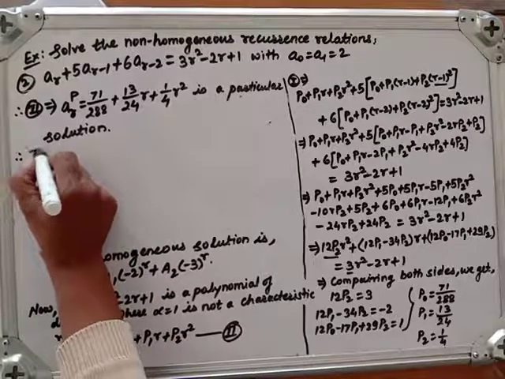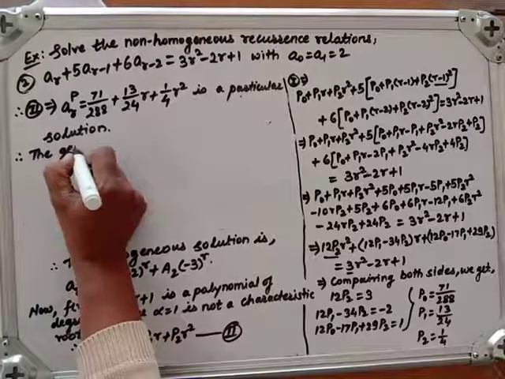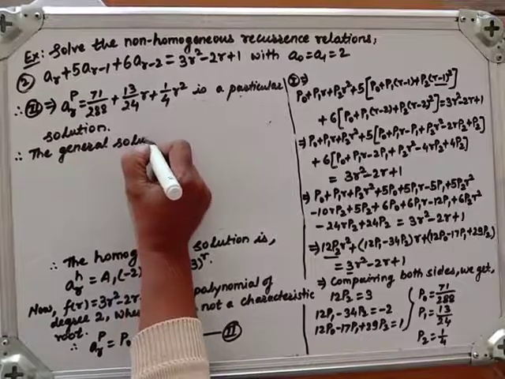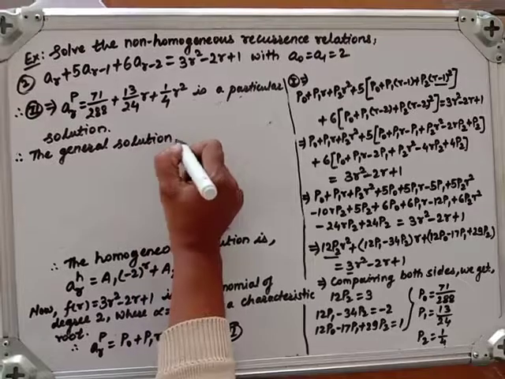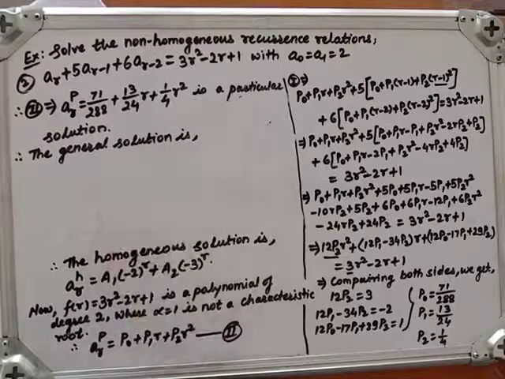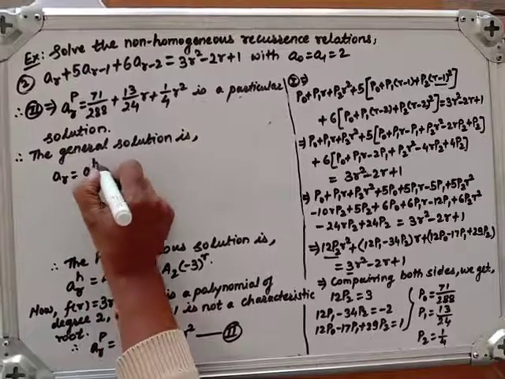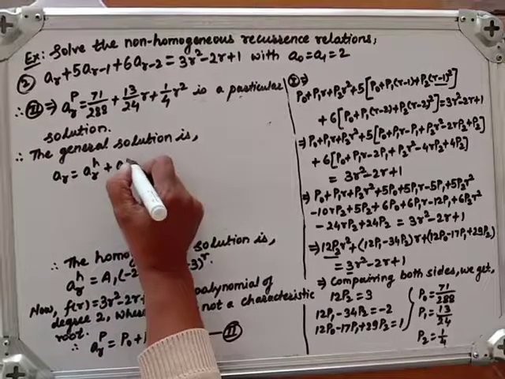From this we get a general solution. The general solution is AR equal to ARH plus ARP.